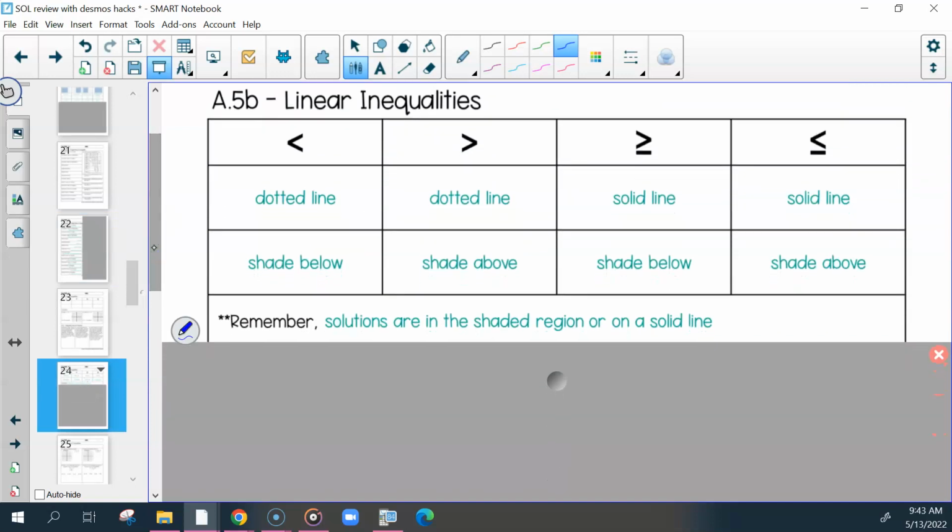Linear inequalities. For less than, we have dotted line shaded below, greater than dotted line shaded above, greater than or equal to solid line shaded below, less than or equal to solid line shaded above. I said that backwards. Wrong. These are backwards.